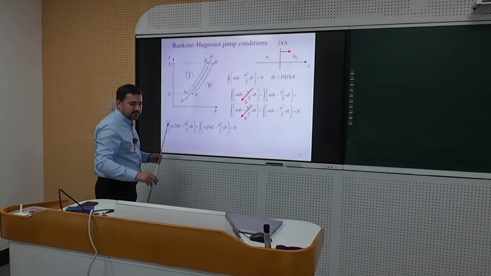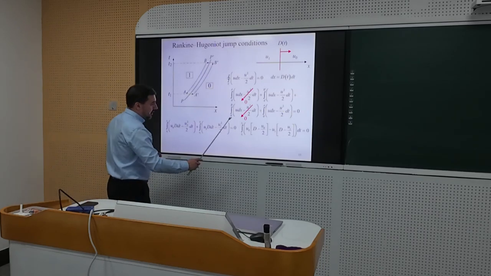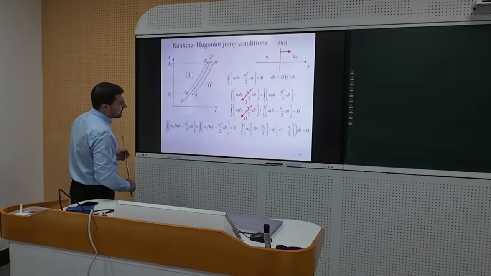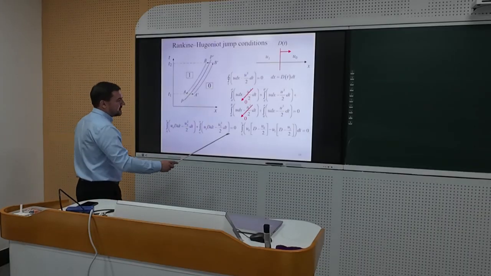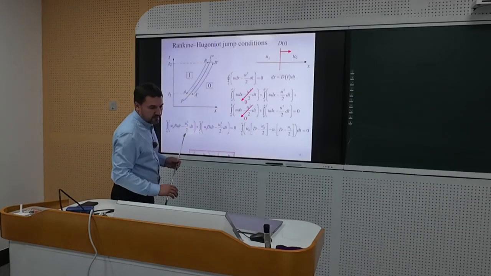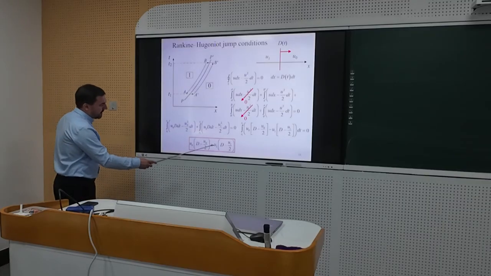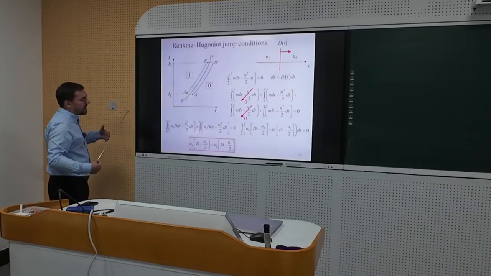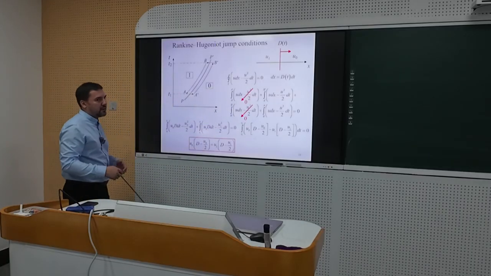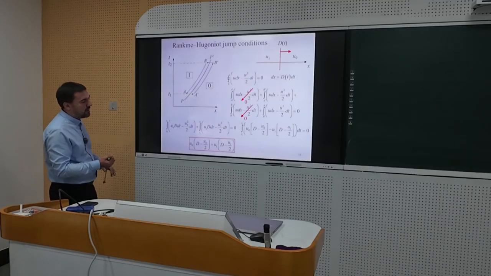And then we collect them into one integral, and because t1 and t2 are just arbitrary time instants, it means that this integrand should equal 0. Then we get the relationship between u sub 0, u sub 1, and D. So the parameters in front of the shock wave, behind the shock wave, and the speed of the shock wave should not be arbitrary. There should be some relationship between them.